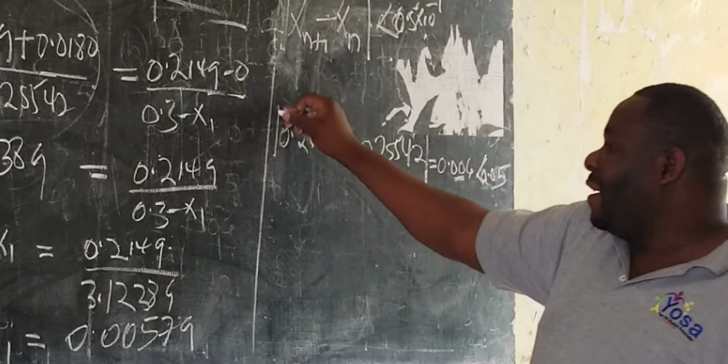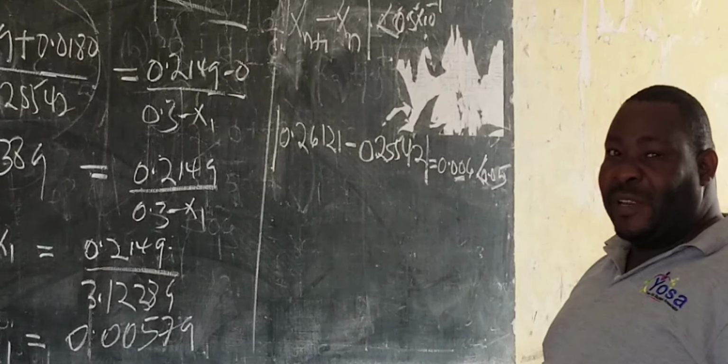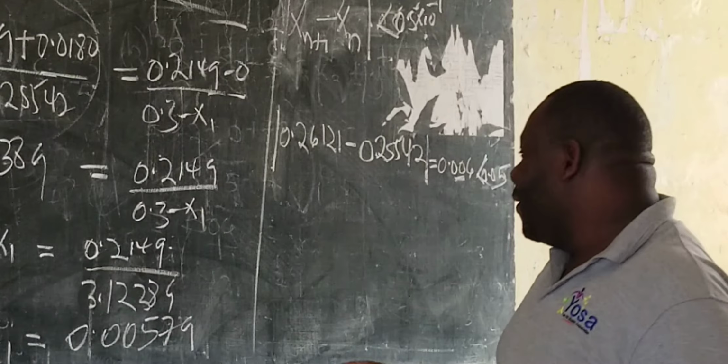Two zeros here, 0.006 is less than 0.05. Which means that the condition has been fulfilled. There you stop, and you state the root.